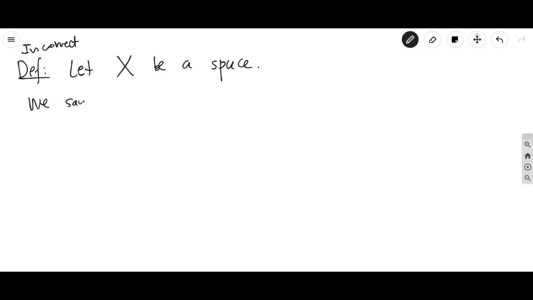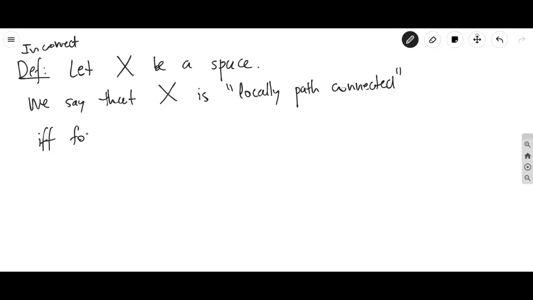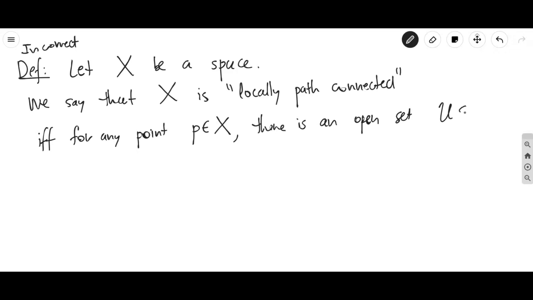We say that X is locally path connected if and only if for any point P in X there is an open set U, an open subset of X, with P in U and U path connected.